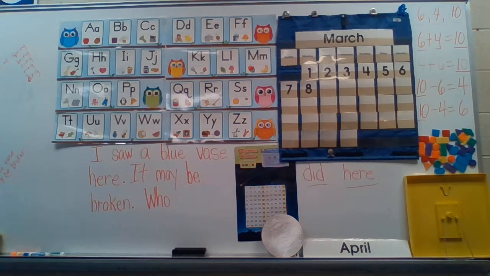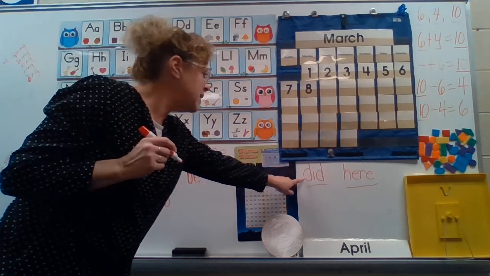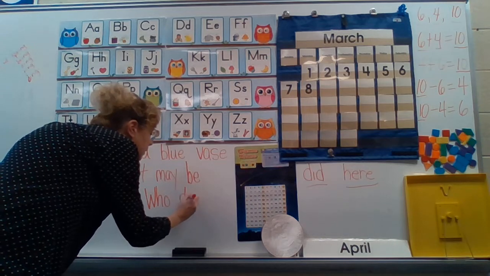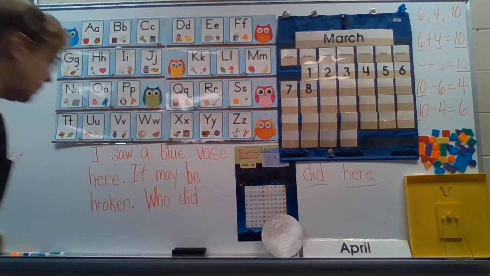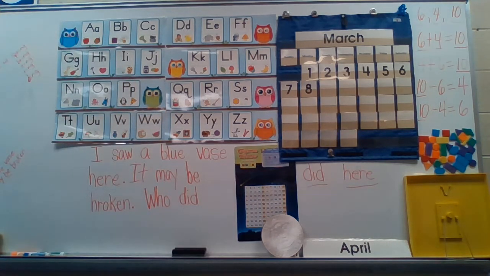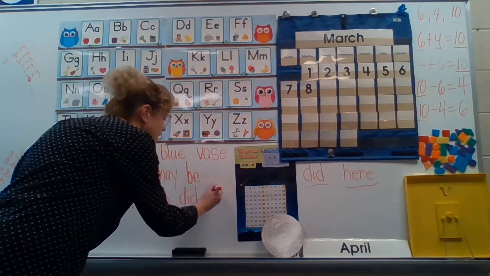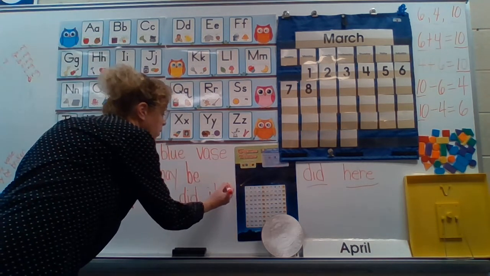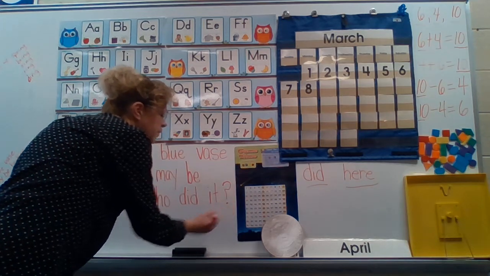Now my new sight word, did, D-I-D, who did it? I-T. Now, you definitely ask a question there, right? And that you don't know the answer to, so we definitely need a question mark. Who did it?